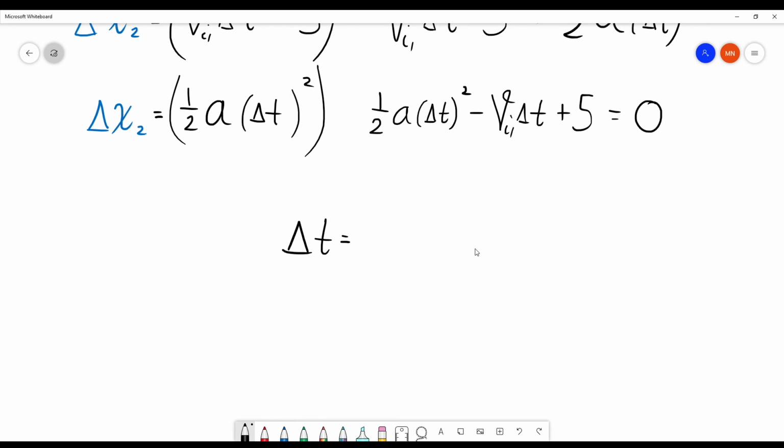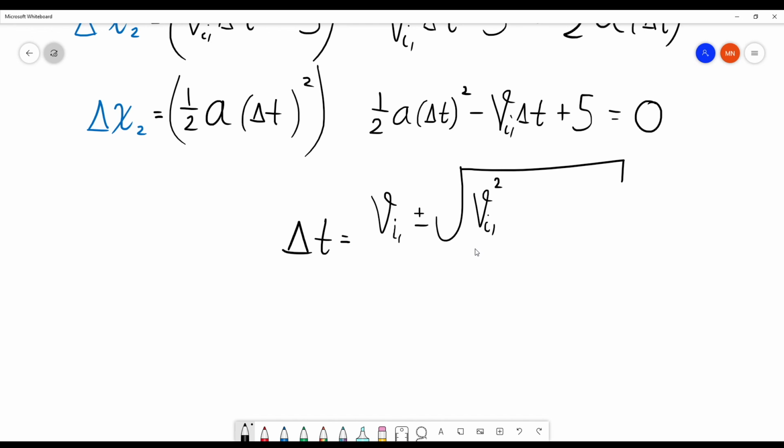So we've got our delta t. So what is the opposite of b? Well, the opposite of b is just, well, it looks like that's just plus v1 initial. Okay, plus v1 initial, or v initial 1, plus or minus the square root of b squared, negative v1 squared is just v initial 1 squared.